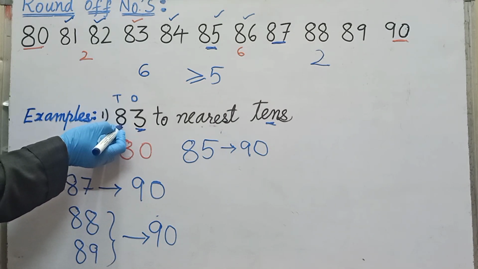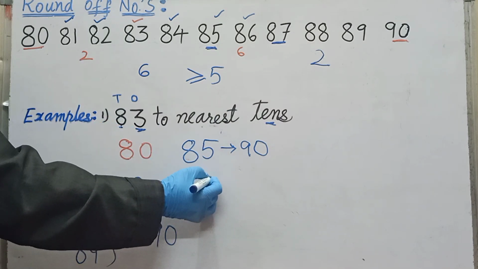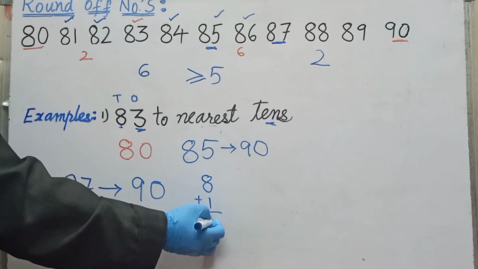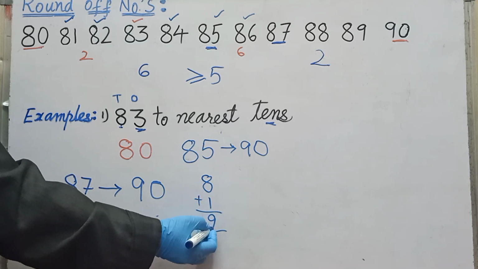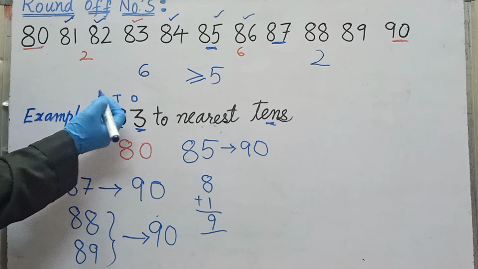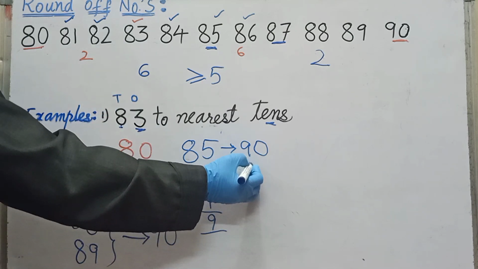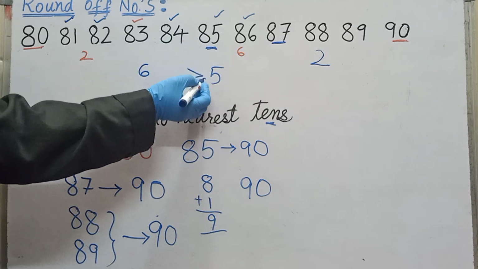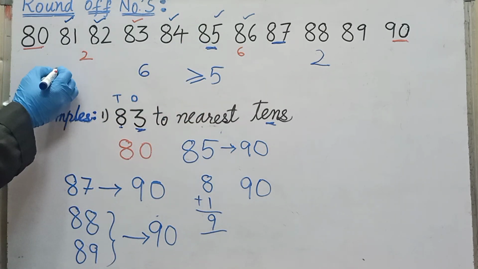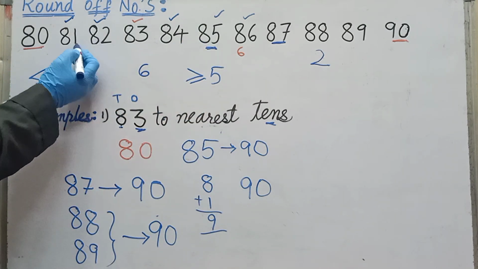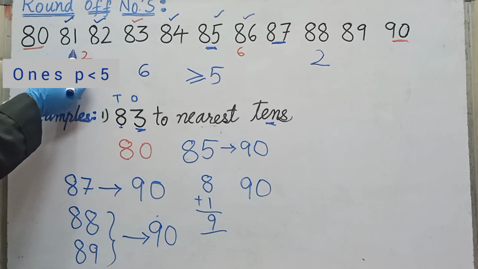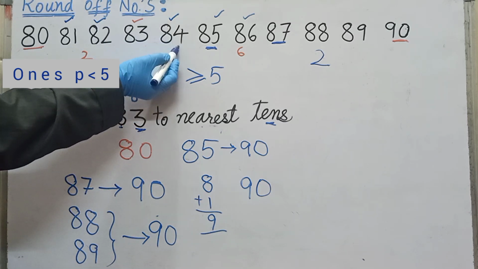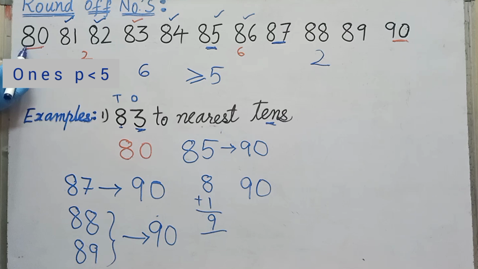That is, in the tens place number, we will add 1 and get the answer. That is, we got 9. So the number will be written as 90. Okay. And if it is less than 5, that is, if we have 1, 2, 3 or 4 in the ones place, then it will be rounded off to 80. Okay. This trick I will explain once more.